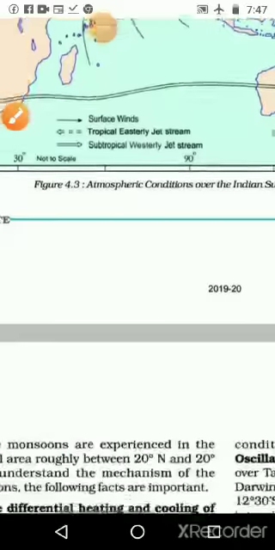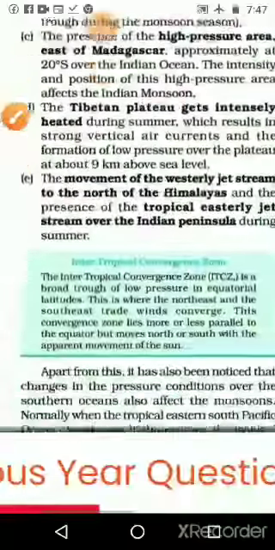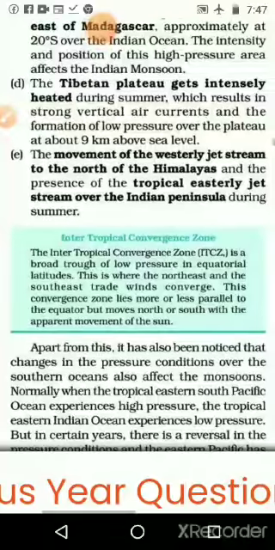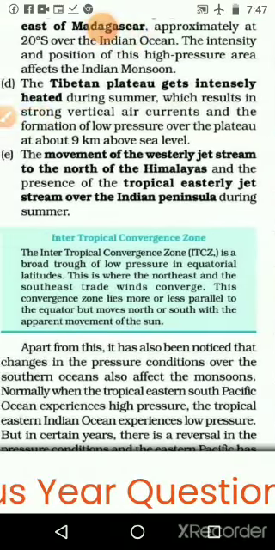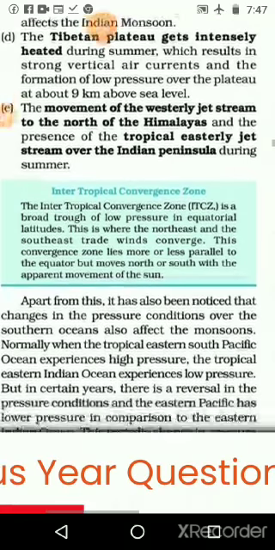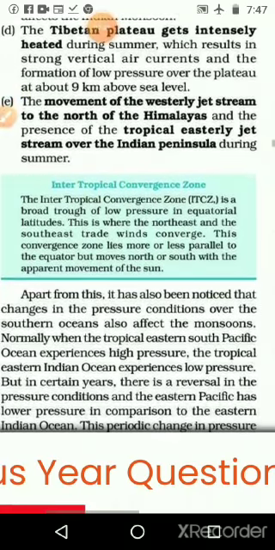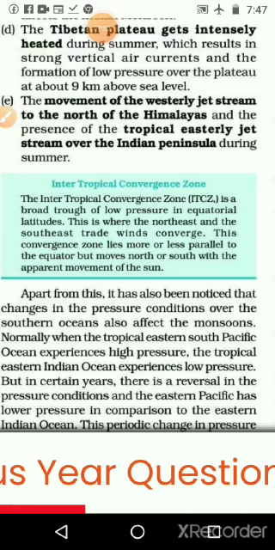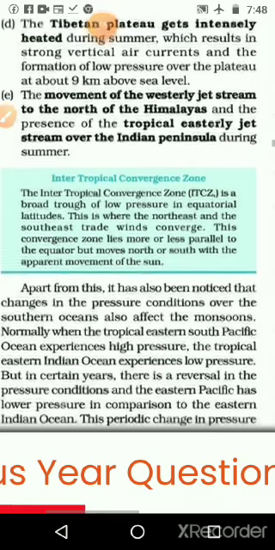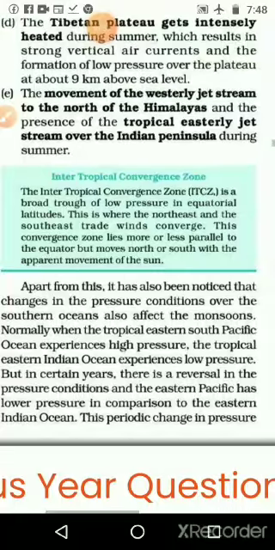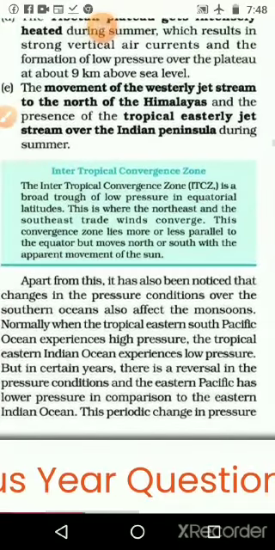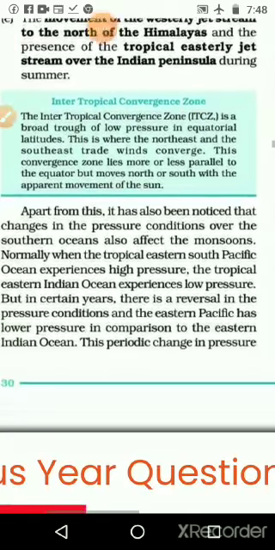During the summer season, the movement of the wind is two-way: in the northern part of India they are getting the westerly jet streams and its effect, especially in the northern part of Himalaya, not directly affecting, but getting the influence of that. At the same time, we can see the presence of the easterly jet streams over the Indian peninsula during summer season.